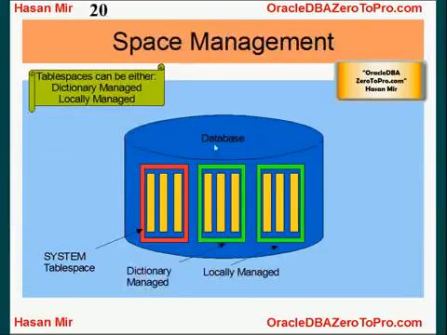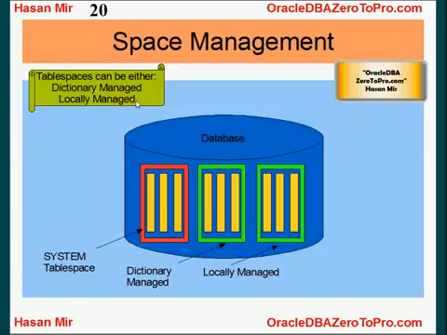Space management. Let's talk about space management. So table spaces can be either dictionary managed or locally managed. Okay, we're talking about regular table spaces that contain data for users. So DBAs can create table spaces.